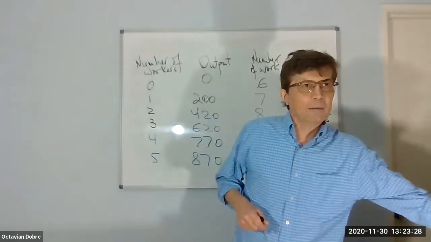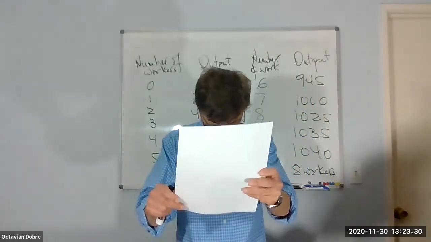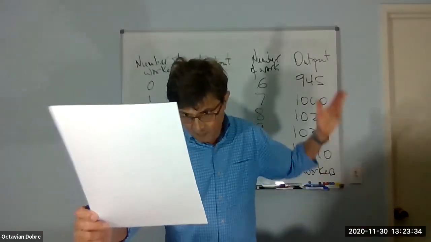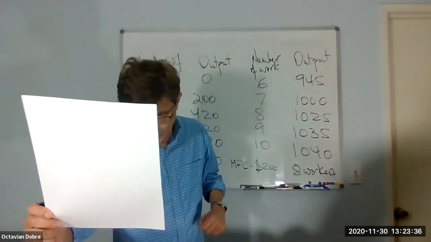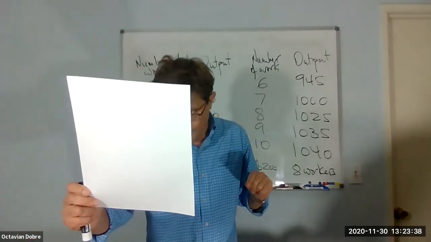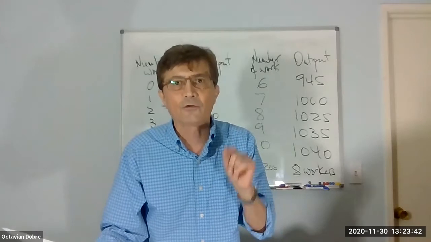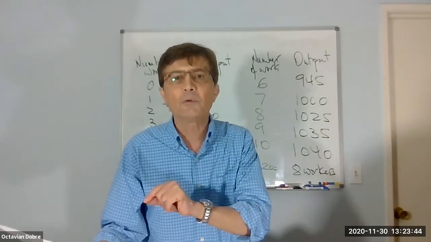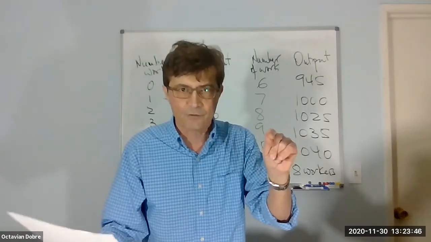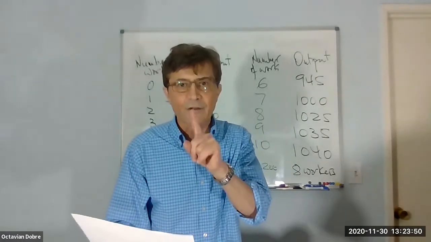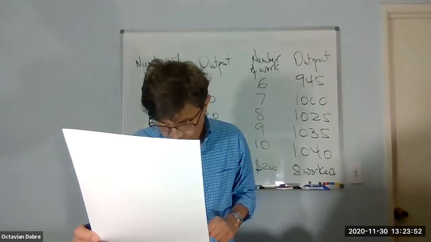Okay, let's do another problem. It says, refer to the above table. Suppose the marginal revenue product. So now they're telling you that the marginal revenue product, the contribution to the revenue of the 7th worker, is $1,100.